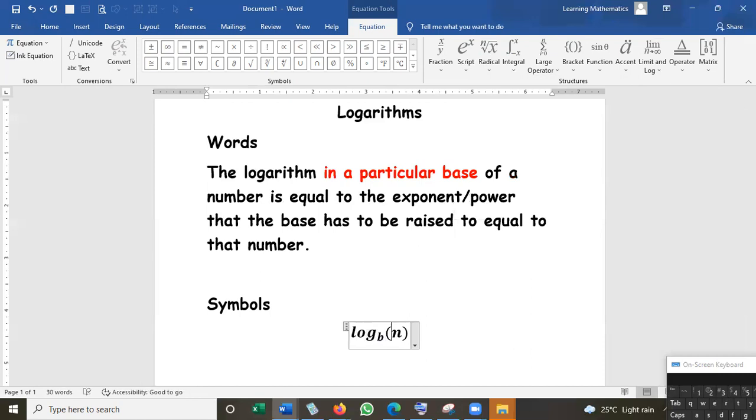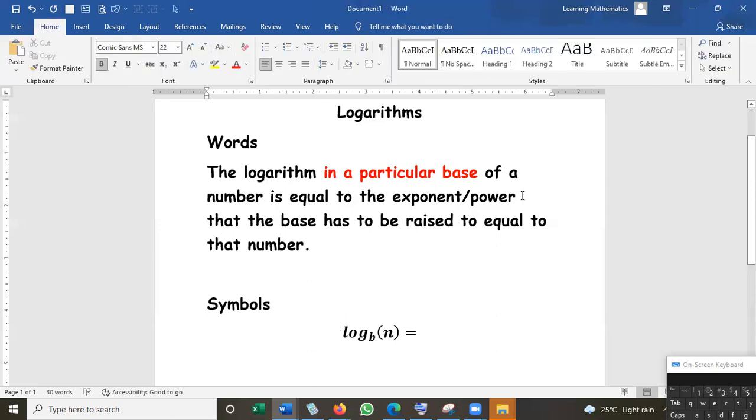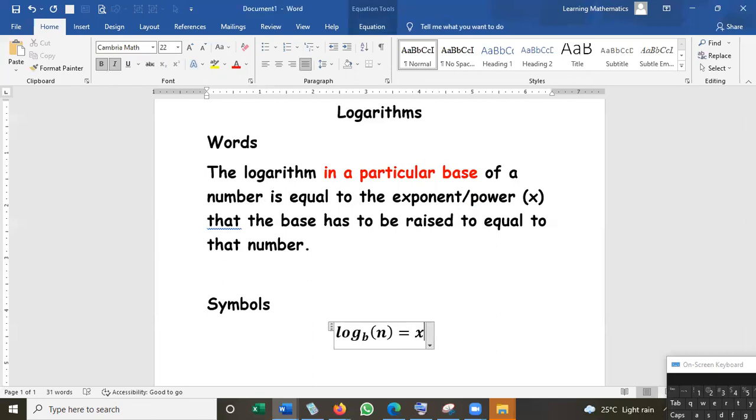of a number is equal to the power. There are different letters we can use for power. Let's use x. You can use p for power, but let's use x.